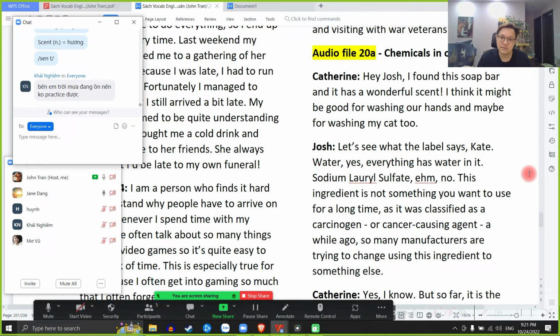This ingredient is not something you want to use for a long time, as it is classified as a carcinogen, or cancer-causing agent.